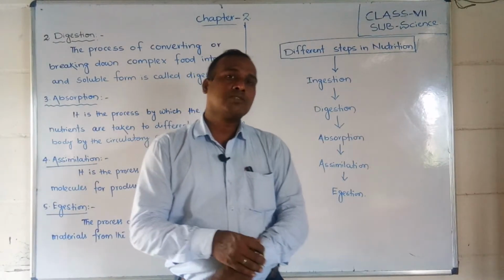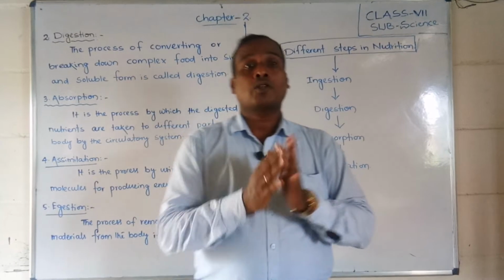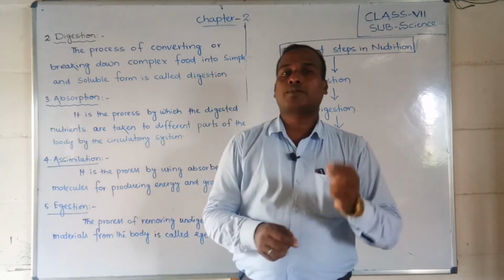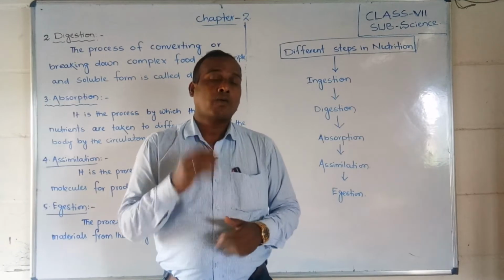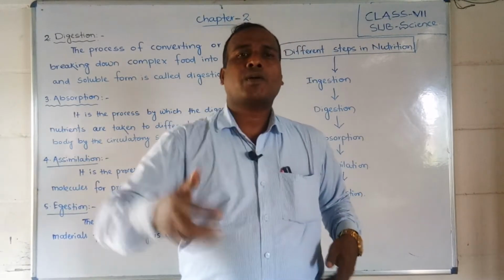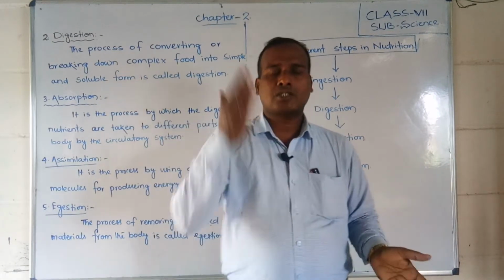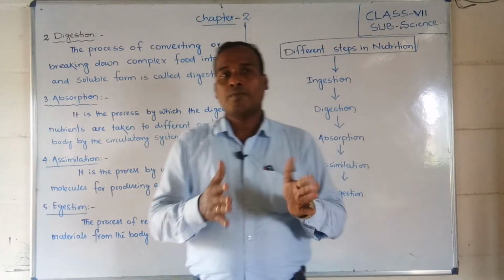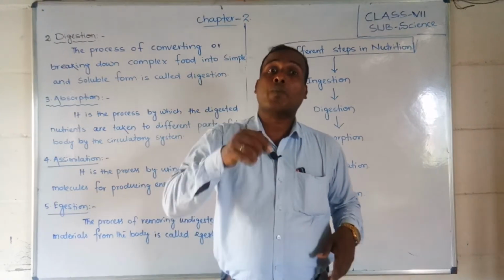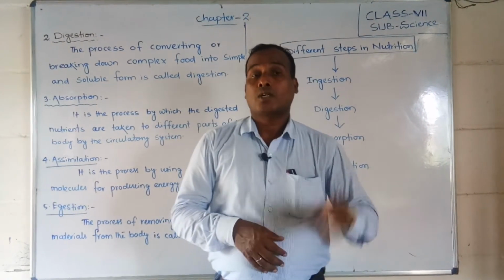The next one is absorption. The third step in nutrition is called absorption. After digestion, the food contains different nutrients. You have already studied in 6th standard what the components of food are.